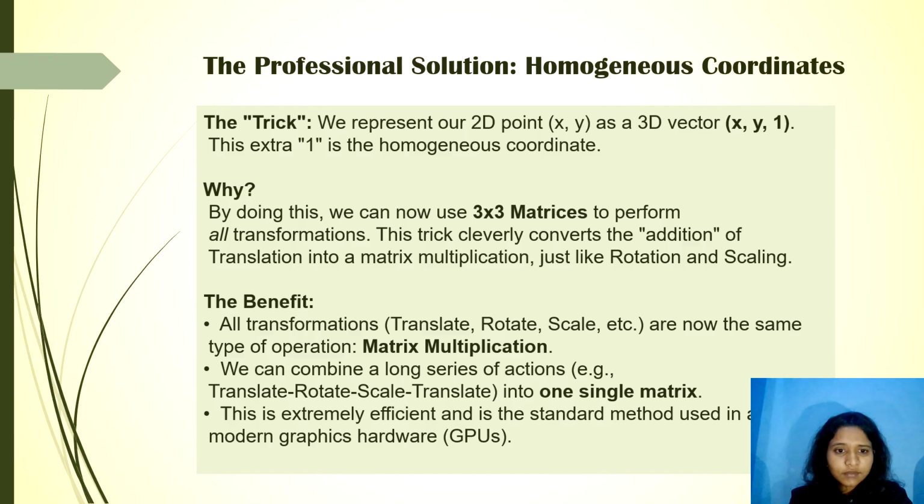So the benefit is all transformations, that is translate, rotate, scale, etc., are now the same type of operation, that is matrix multiplication. We can combine a long series of actions, for example translate, rotate, scale, translate, into one single matrix. And this is extremely efficient and is the standard method used in modern graphics hardware, that is GPUs.